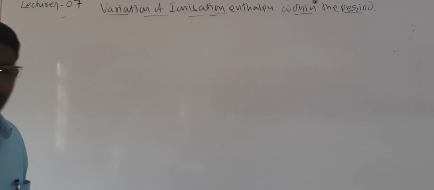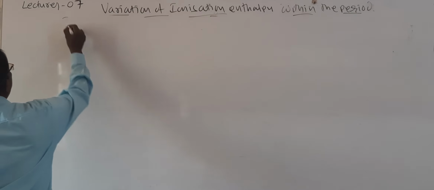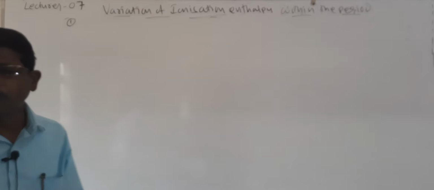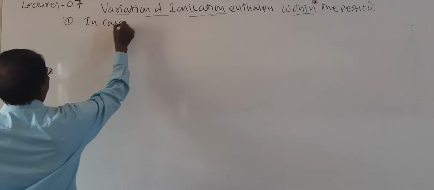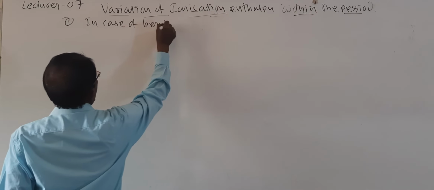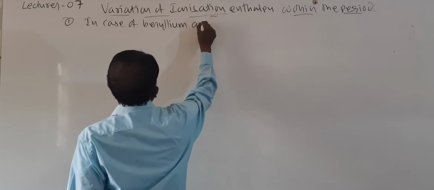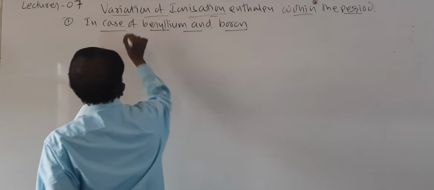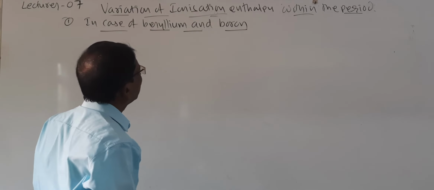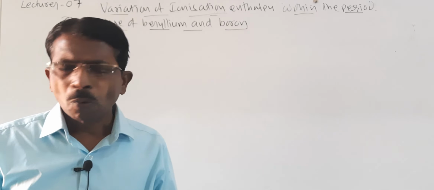First, variation of ionization enthalpy within the period. Number one, we will go for the case of beryllium and boron.